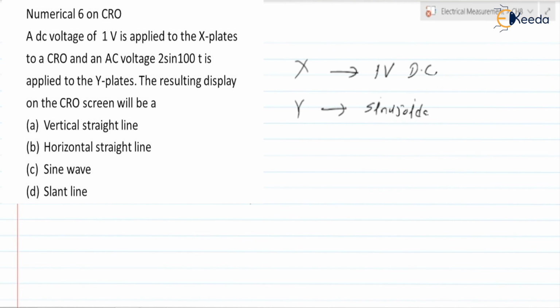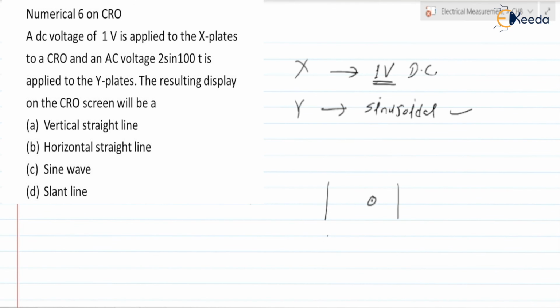As the X plate has a constant signal, the position of the electron beam between the horizontal plates will be fixed because this voltage is not changing. So the horizontal position is constant but vertically changing.